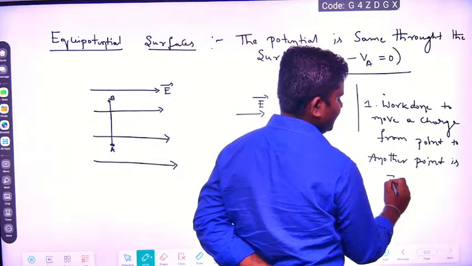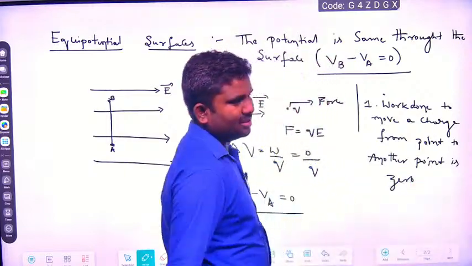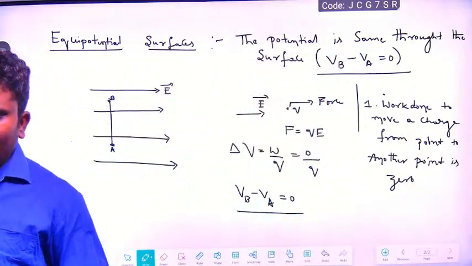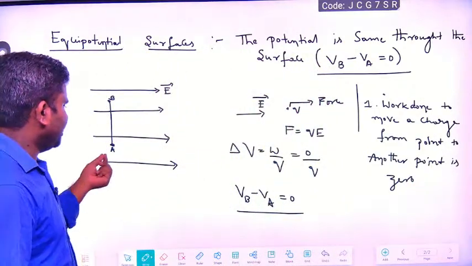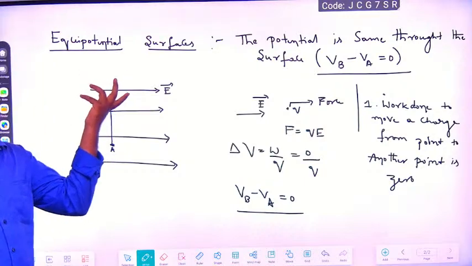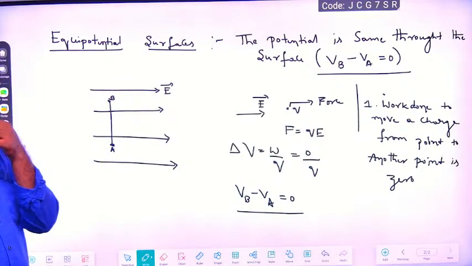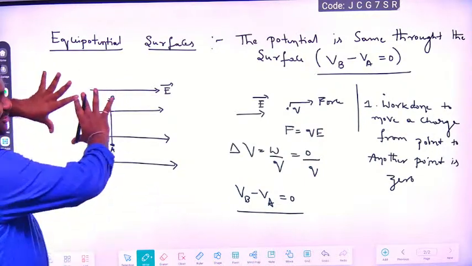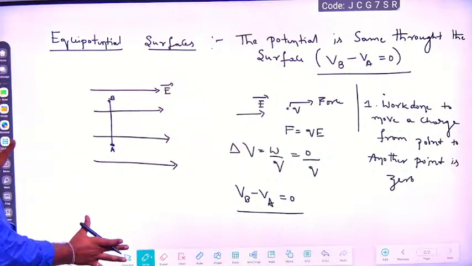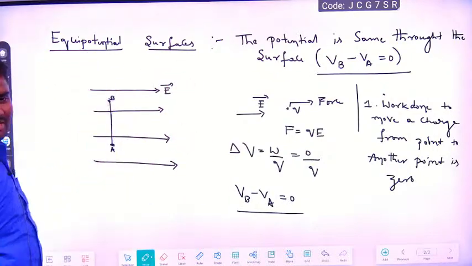This is what an equipotential surface is. You actually need not do work; the charge will go by itself, because on that surface the potential is the same. That is what we call equipotential surfaces.